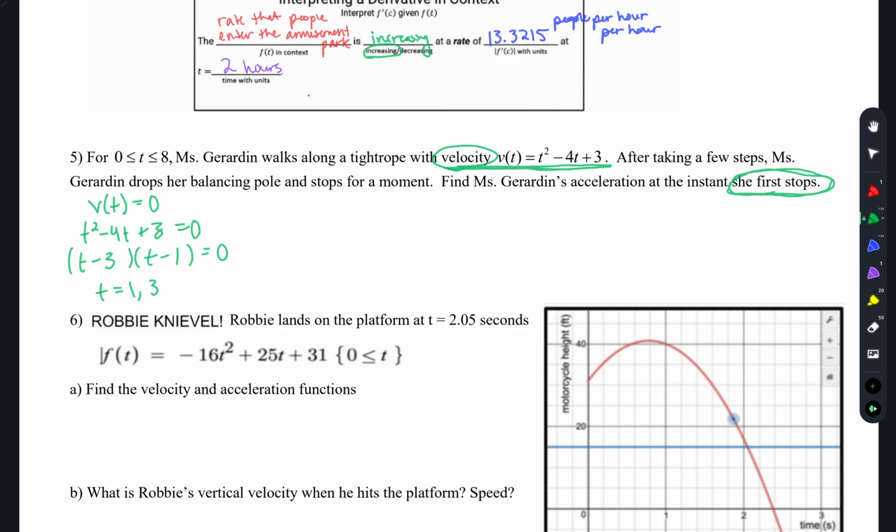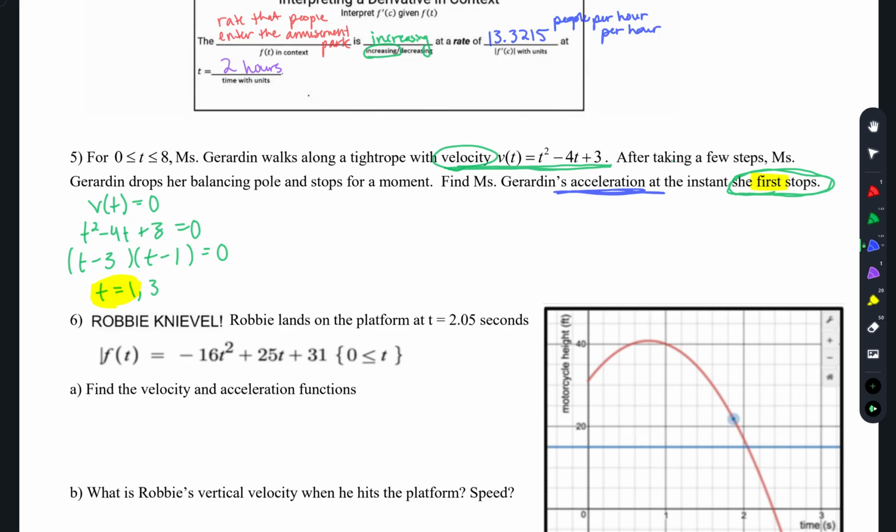So you get your 2 t values, and then notice that it says it's when I first stop. So I first stop at t equals 1. Because it's the first time, you might freak out with the 2 answers, but you really just want the 1. Okay, so now I figured out when, but now I need to figure out what my acceleration is at that time.